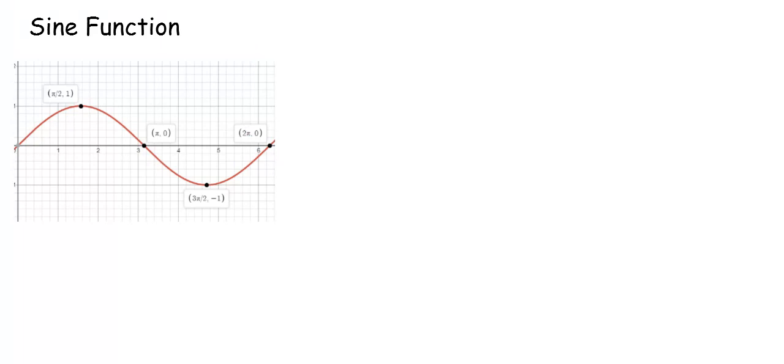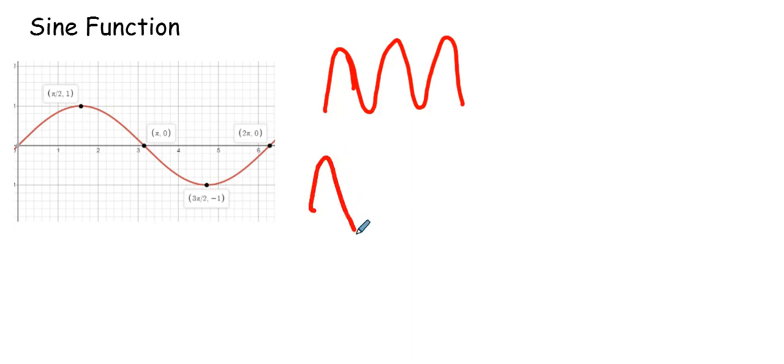Now, if it was transformed, the function can also look something like this, or I should say one cycle. So one cycle is a peak and a valley. But if it's transformed with parameters, which we're not going to get into too much here, it can also look something like this.